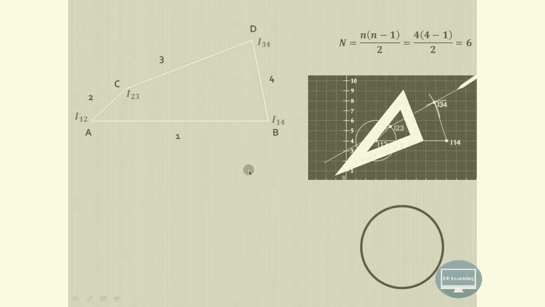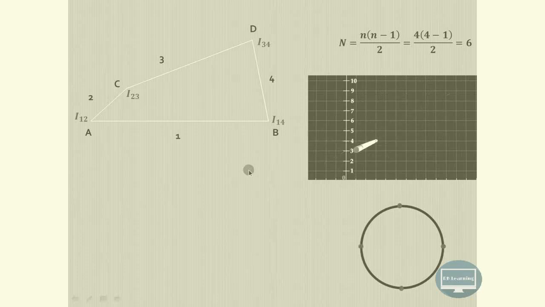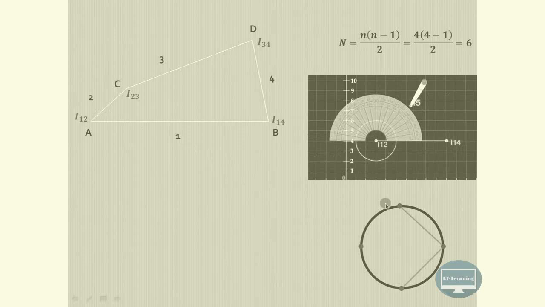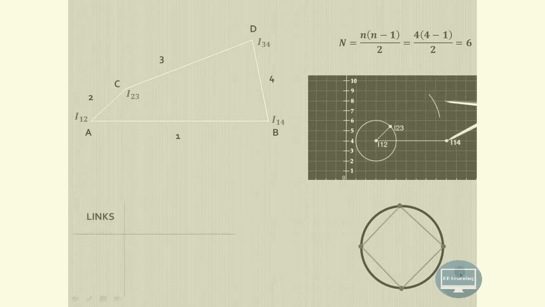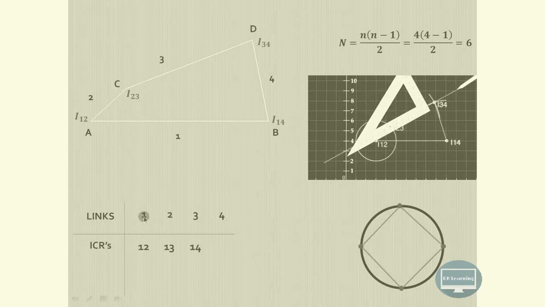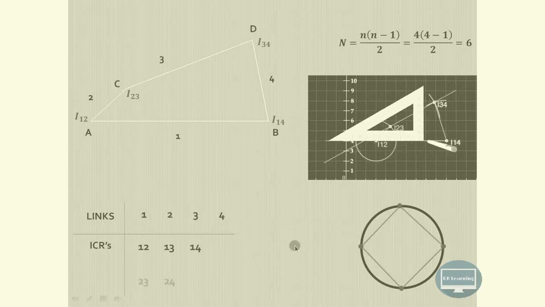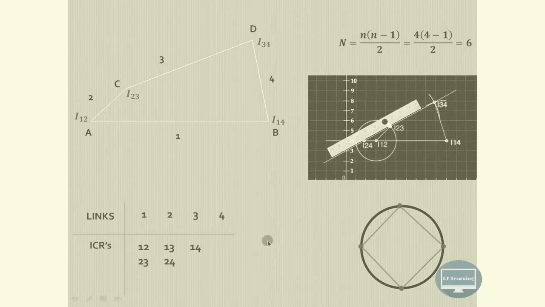So let us draw the circle diagram and divide this circle into the same number of parts as the number of links in the original mechanism. There are 4 links, so we divide the circle into 4 parts. First write down these links, that is 1, 2, 3, 4, and the corresponding ICRs we can write as 1,2, then 1,3, 1,4. Similarly 2,3, 2,4 and the last one is 3,4.